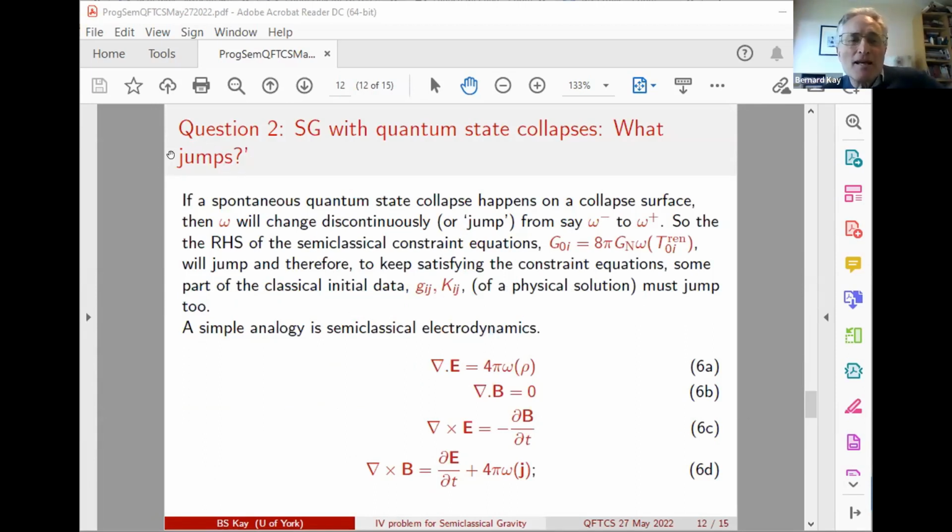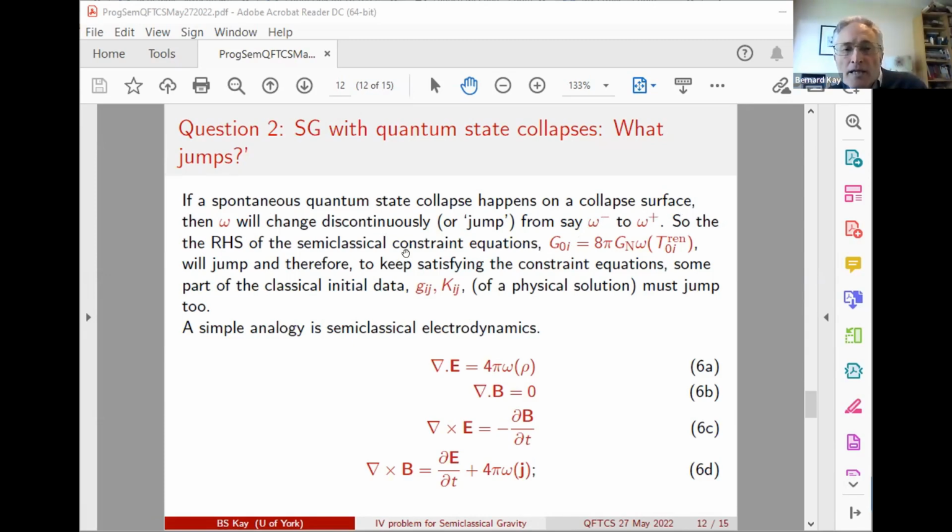Okay, so let me now turn to question 2, which is how do we do semi-classical gravity with quantum state collapses? And here we encounter this what-jumps question that I briefly mentioned, and I'll try and explain better now. So if a spontaneous quantum state collapse happens on a collapse surface, then we expect that the state, omega, will change discontinuously, or jump, say, from omega minus to omega plus.